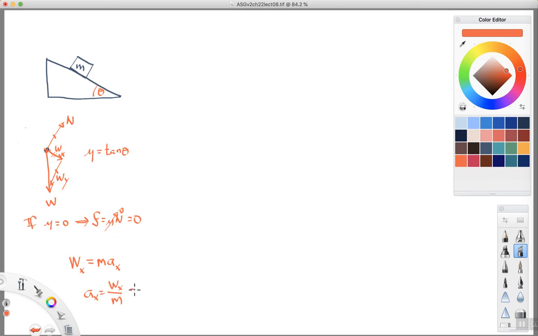And you might recall that the weight in the x direction was equal to the total weight mg times sine of theta, divided by m. So this is the weight in the x direction.